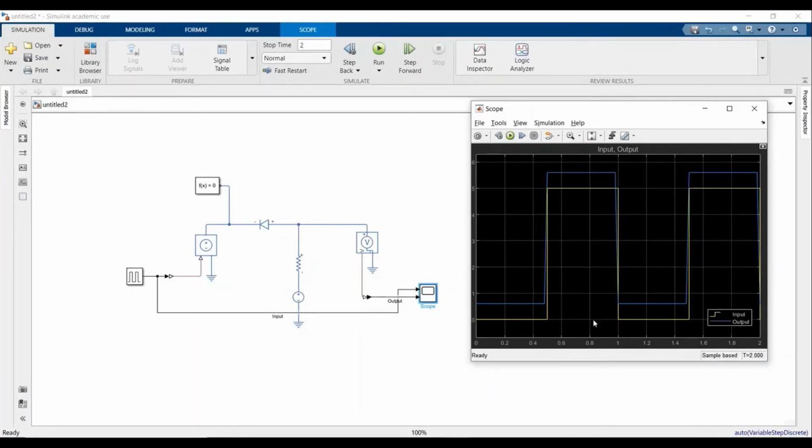Okay, so this is how you can go about simulating diodes and electrical components in Simulink.